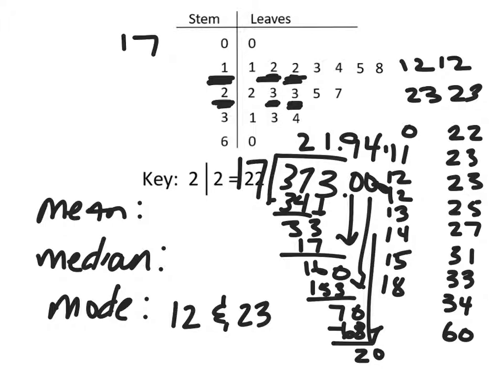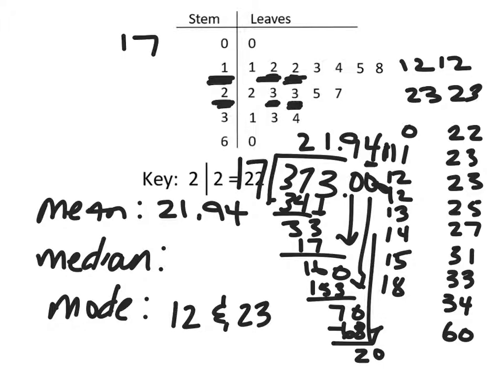So my 4 will not round up because the thousandths is only a 1. So my mean is 21.94. The mean, the average. Add all the data points, divide by the number of values.